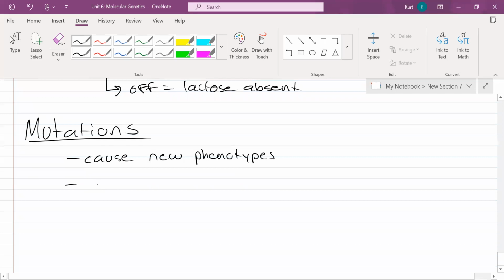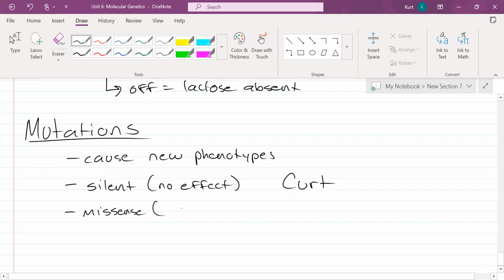As I mentioned earlier, there are a few types here. We have silent, which means there's a change, but there's no effect. I'll use my name for an example. If you had a silent mutation in my name, you would spell it C-U-R-T. It still says Kurt. No change. A missense is where it does have an effect.